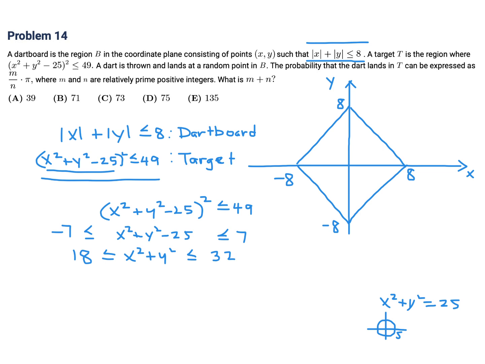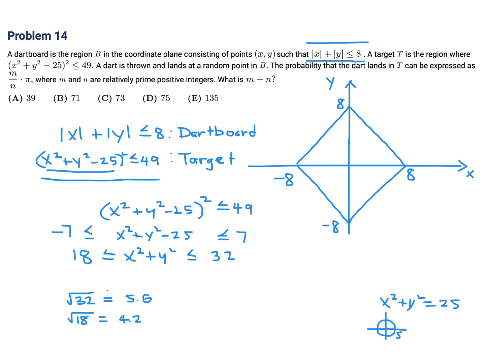So I'm going to attempt to draw this. Root 32 is approximately what? Root 32 and root 18, I think like 5.6 and 4.2. So that means something like this here.